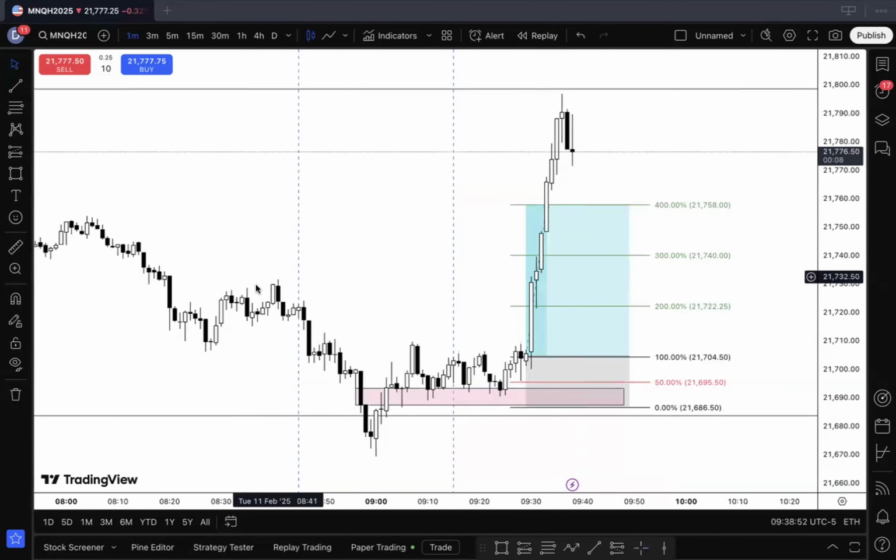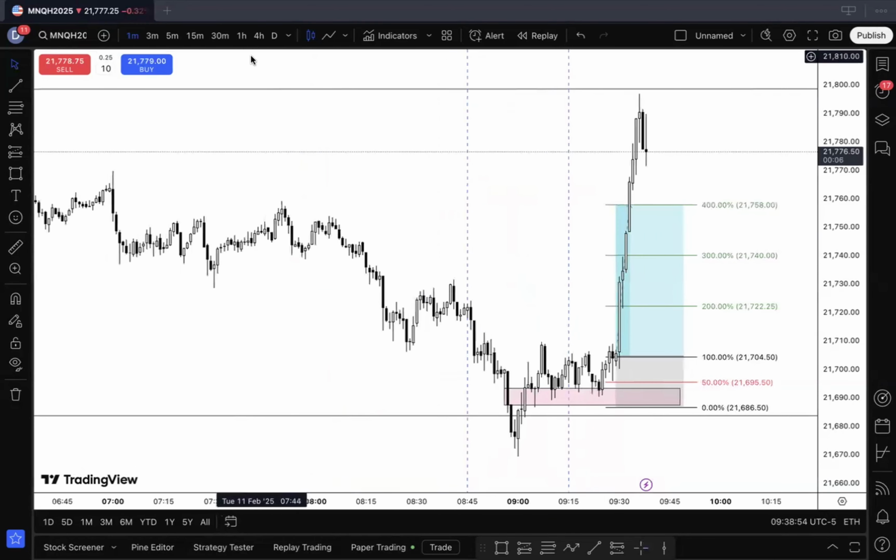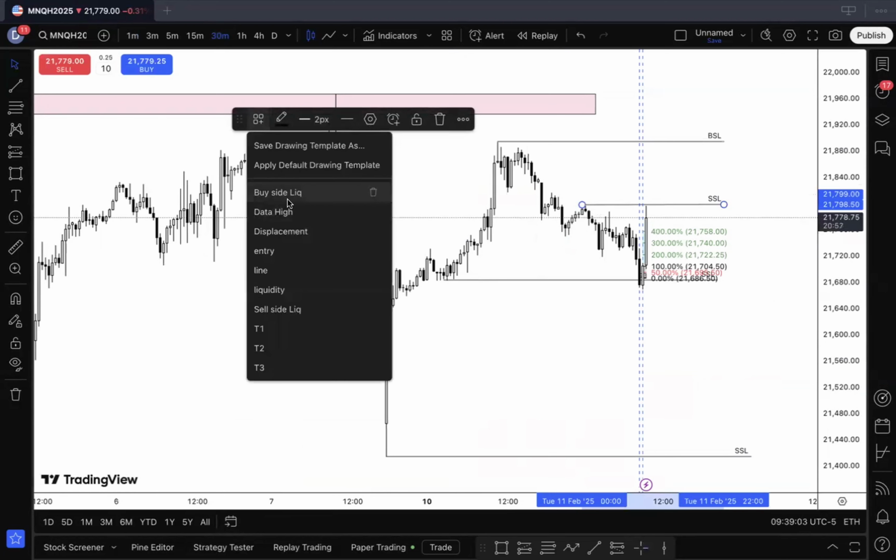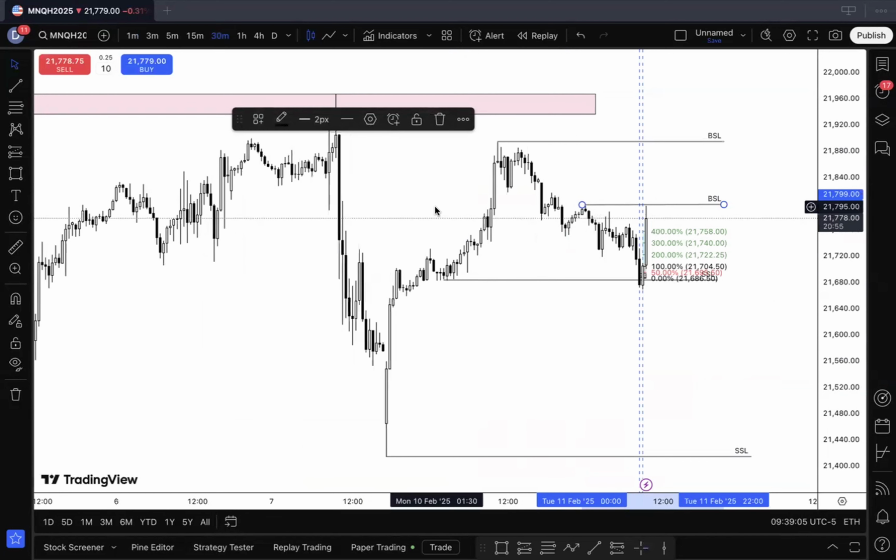So, looking at it from a grand scheme of things, we had a couple of areas of sell side and buy side liquidity, but obviously we had London lows, London highs. So I circled back here to the areas of interest.